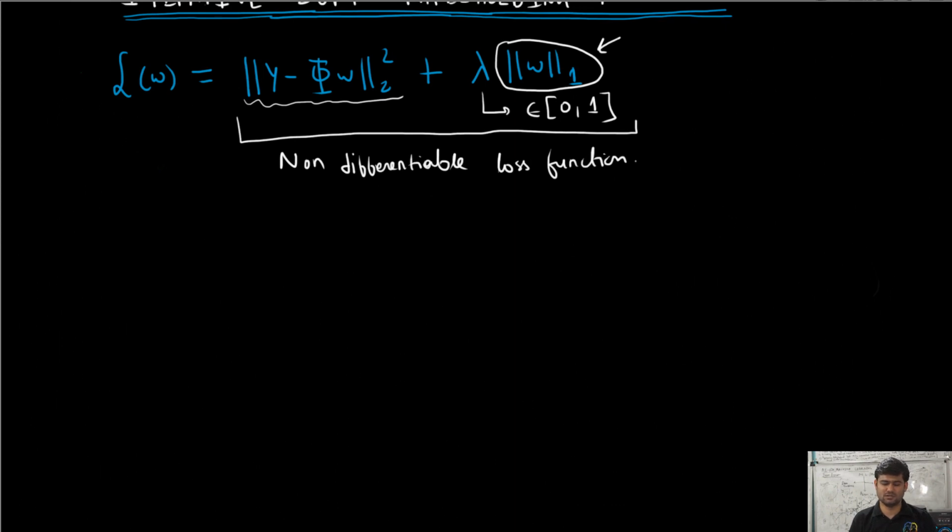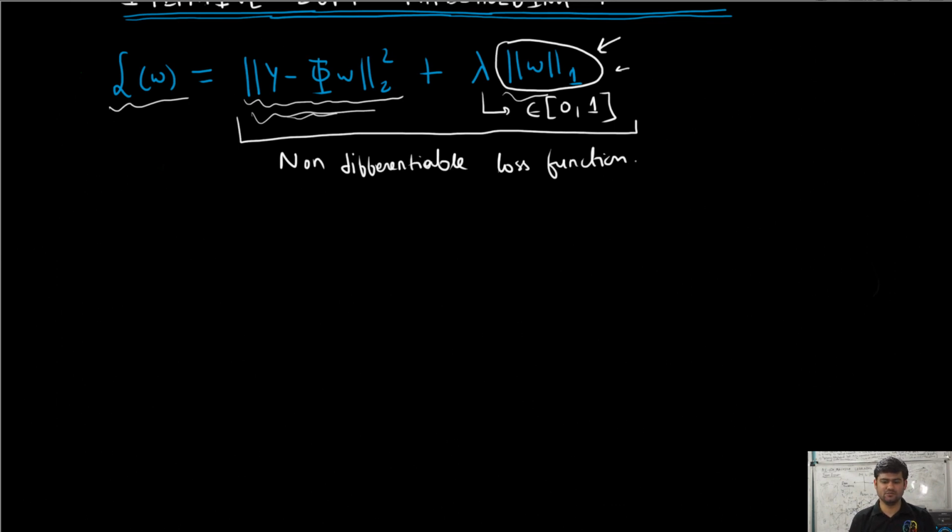Furthermore, as we discussed earlier, this is a convex function. The loss function or the objective function is convex, since any norm is convex and sum of two convex functions is also convex. So this term is differentiable, whereas this term is not differentiable, and that's why, like in the previous part, we derived the subgradient descent algorithm to minimize this loss function.